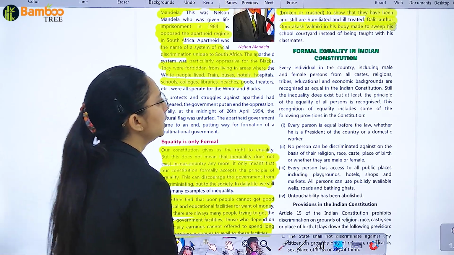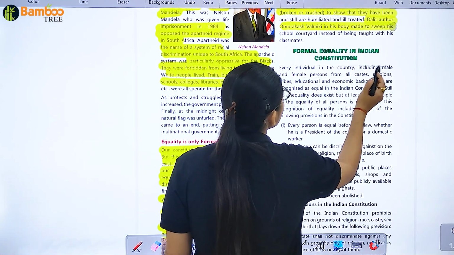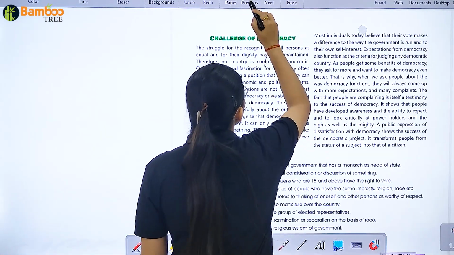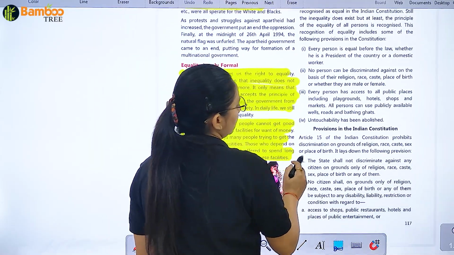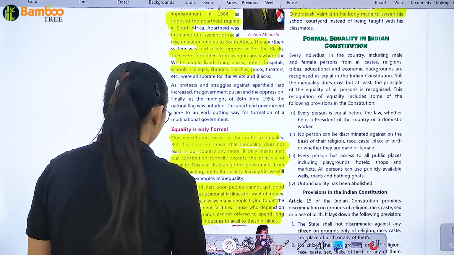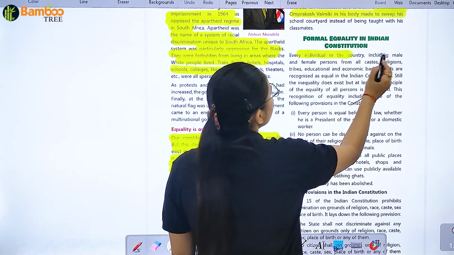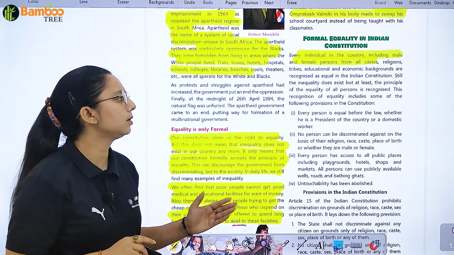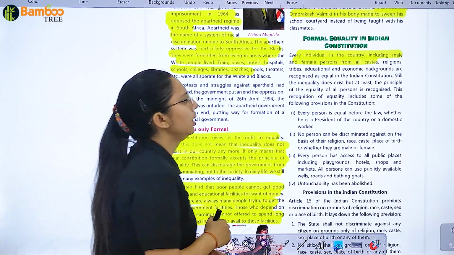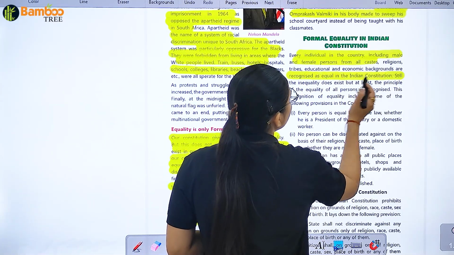Now formal equality in the Indian constitution. Every individual in the country, including male and female, from all castes, religions, tribes, and educational and economic backgrounds, is recognized as equal in the Indian Constitution.